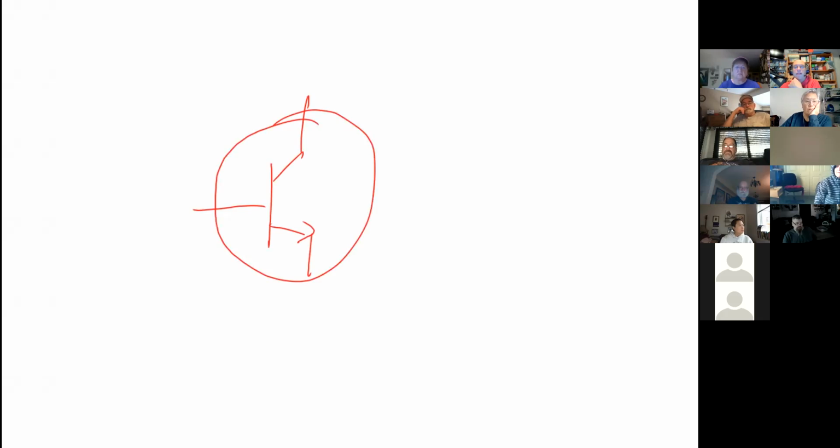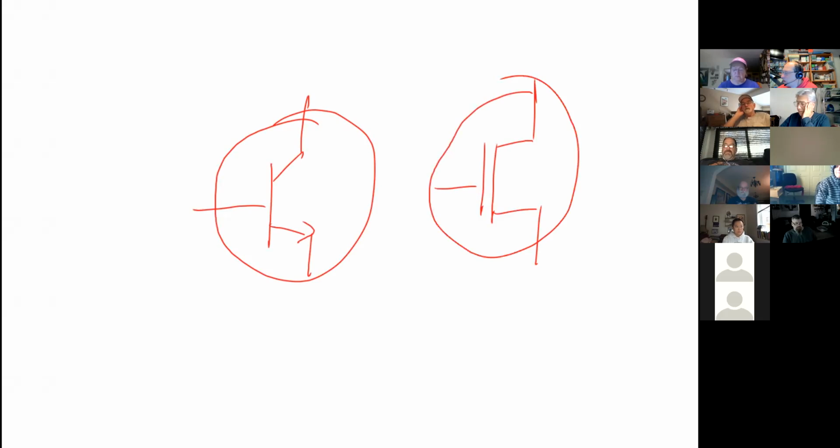What is that? That is an NPN transistor. Right. I could also draw one of these. And that would be a field effect transistor or a FET. Those are the most commonly used devices for power amplification today.